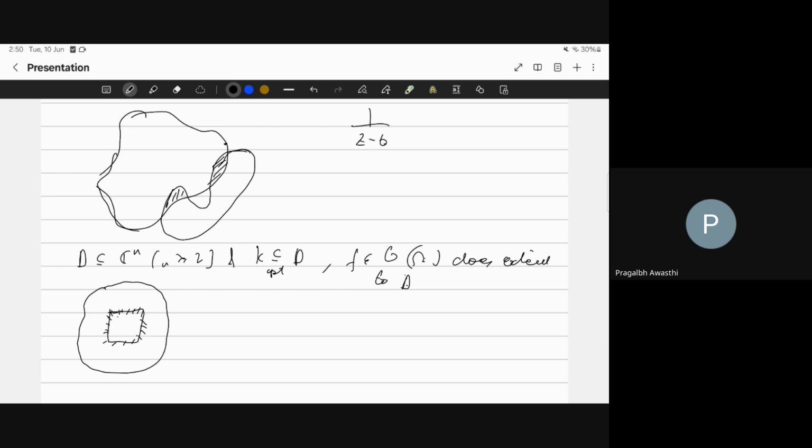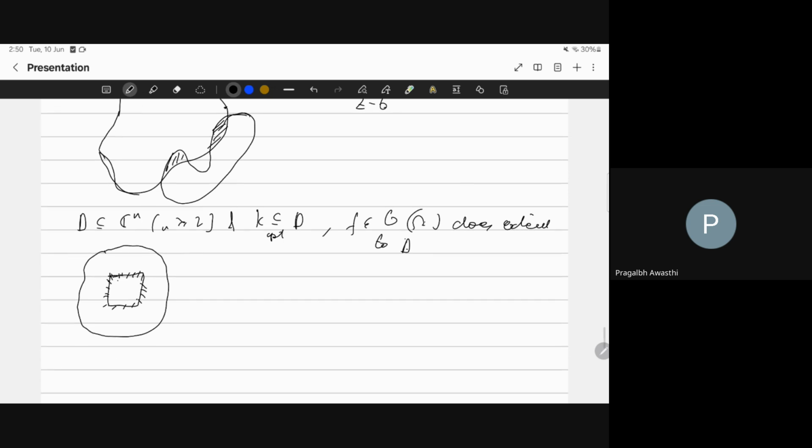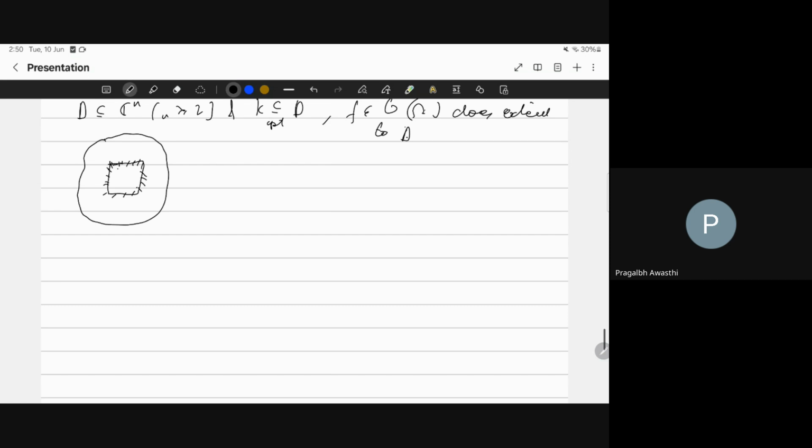Now, before going ahead, so that we have some background for convex geometry, because there are very many deep connections between convex geometry and domains of holomorphy, I will just recall some facts about convex geometry.